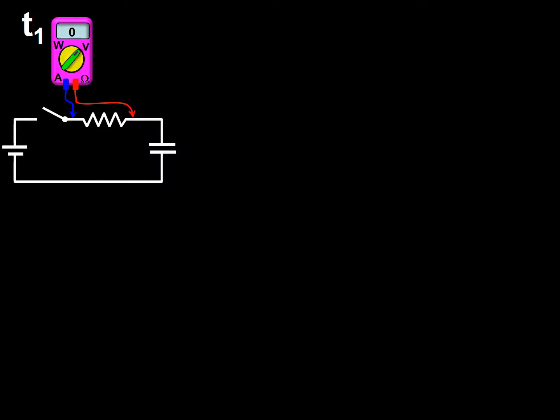Now I am introducing a voltmeter in magenta color. This voltmeter is measuring the volts across the resistor. And another voltmeter in yellow measuring the volts across the capacitor. As you can see, they indicate zero voltage because the circuit is open.